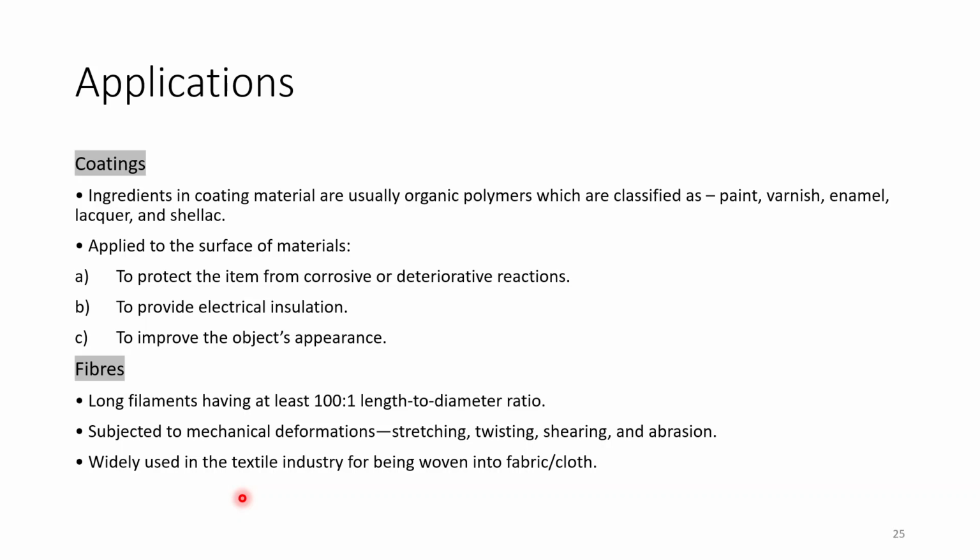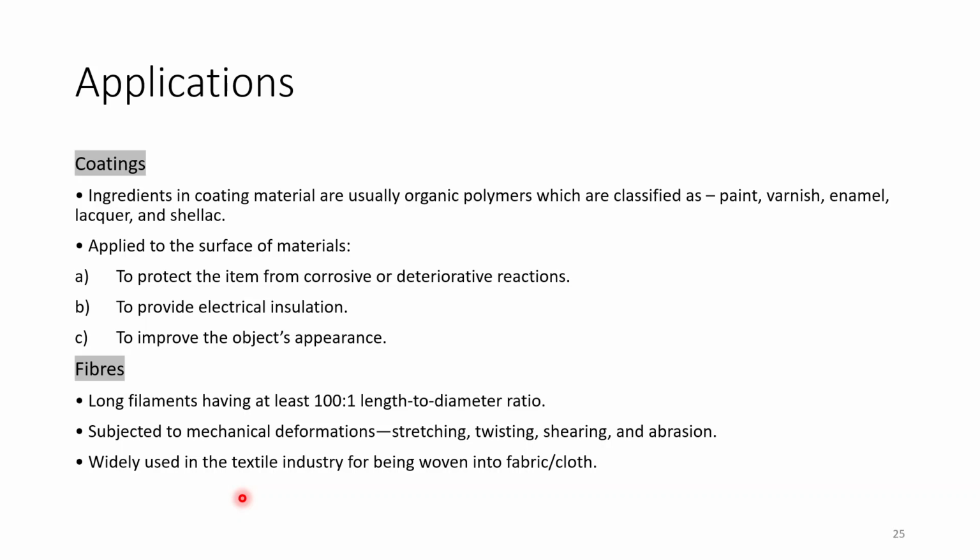Next is coatings. Ingredients in coating materials are usually organic polymers which are classified as paint, varnish, enamel, lacquer and shellac. It is applied to the surface of materials to protect the item from corrosive or deteriorative reactions, to provide electrical insulation.